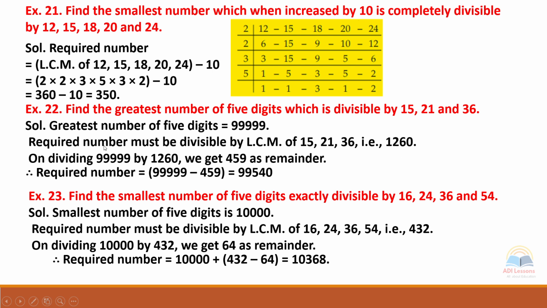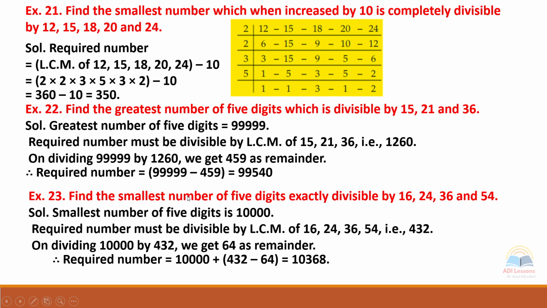On dividing 99,999 by 1260, we get 459 as remainder. So required number equals 99,999 minus 459 equals 99,540. This is the greatest number of 5 digits which is divisible by 15, 21 and 36.